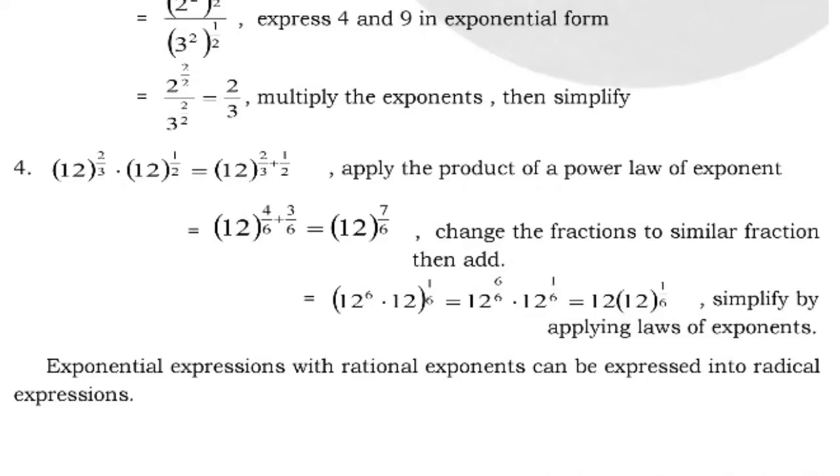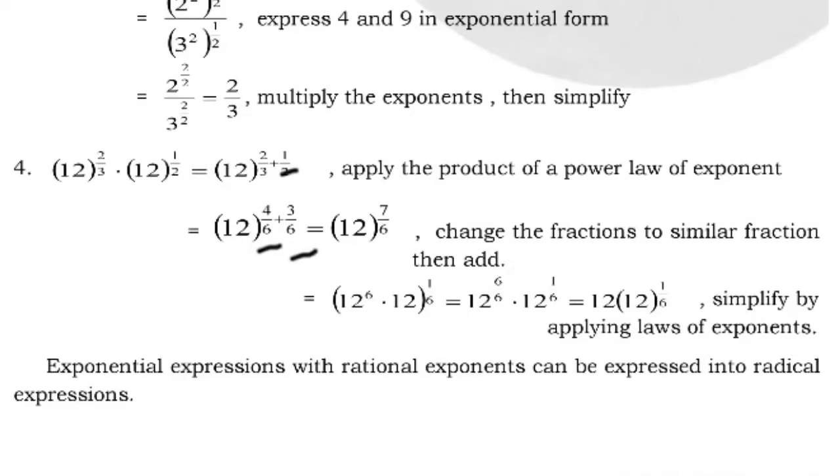Our LCD for 2/3 and 1 half is 6. 6 divided by 3 is 2, and 2 times 2 is 4, so 2/3 becomes 4 over 6. For 1 half, with the same LCD 6, 6 divided by the denominator 2 is 3, times 1 is 3. So 1 half is equivalent to 3 over 6.